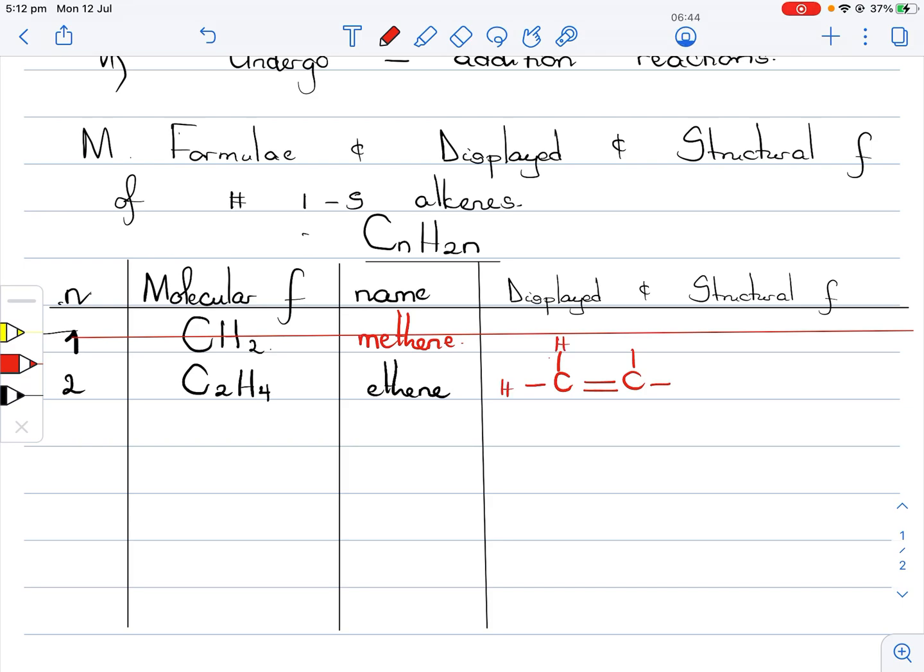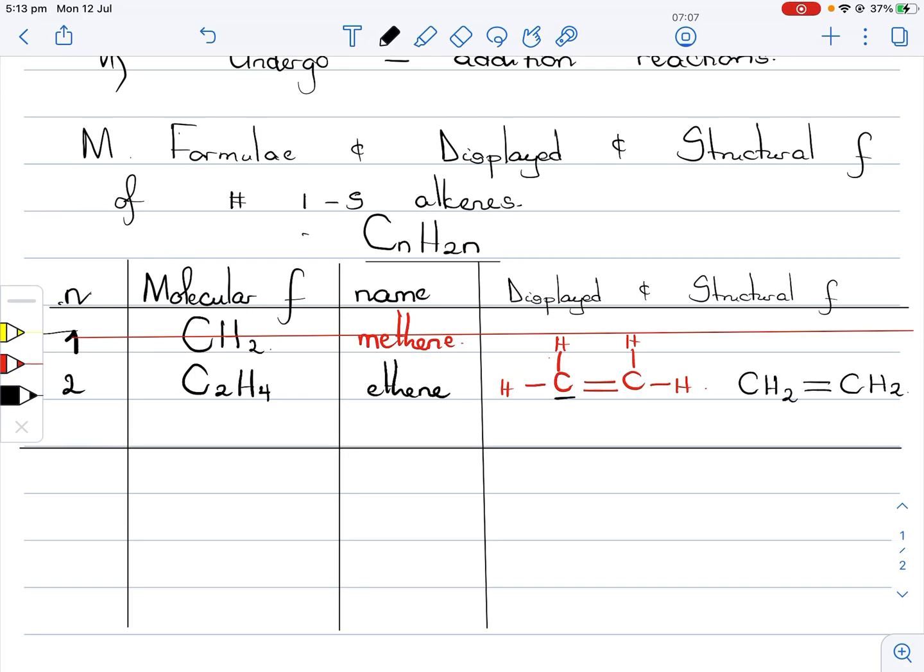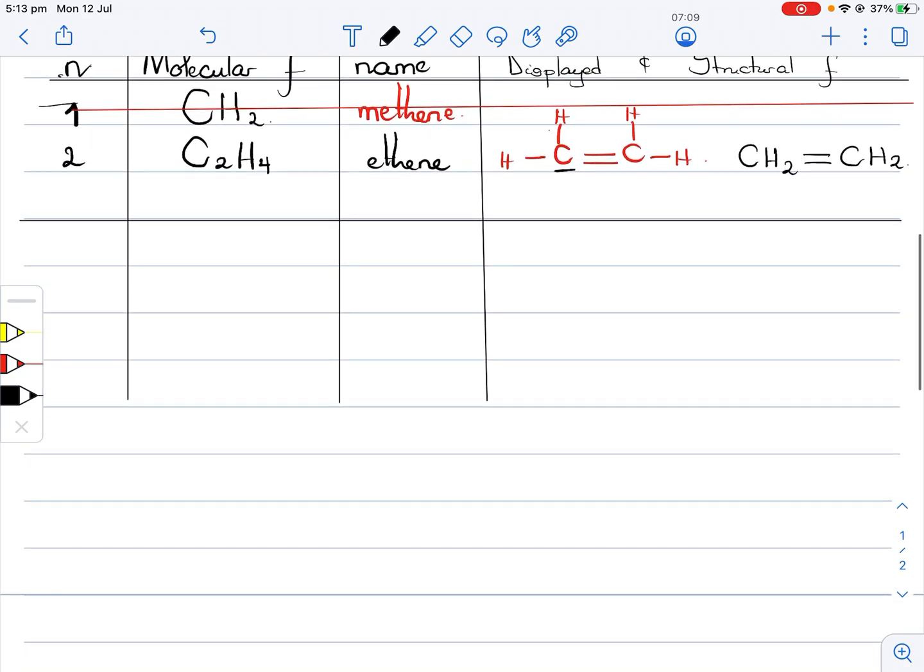Then give each carbon hydrogen atoms. So that is how the 4 hydrogens are going to be distributed between the 2 carbons. When I write the structural formula, the first carbon is joined to 2 hydrogens, so it's CH2. The second carbon is joined to 2 hydrogens, so that is CH2, CH2. That is my alkene ethene.